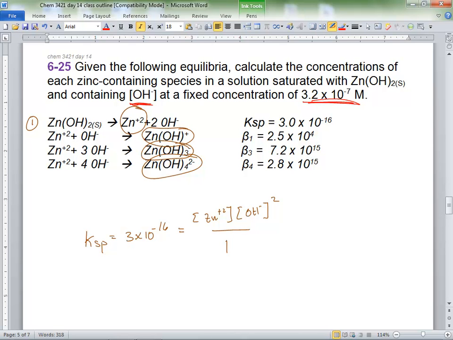So then now we know the zinc, right? Plug in 3.2 times 10 to the negative 7. You've got to square it. Divide it into 3 times 10 to the negative 16. And we already have the zinc.